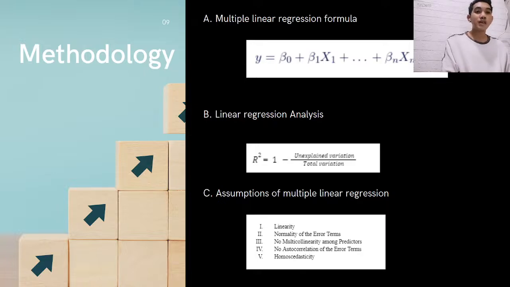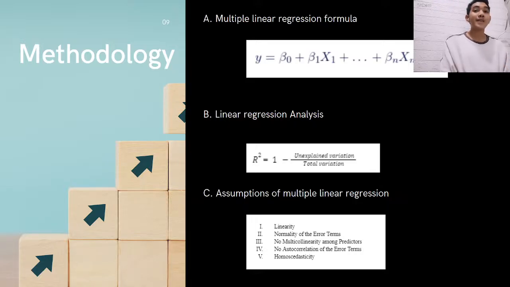This statistic indicates the percentage of the variance in the dependent variable that the independent variables explain collectively. The formula is R squared = 1 minus the unexplained variation divided by the total variation.